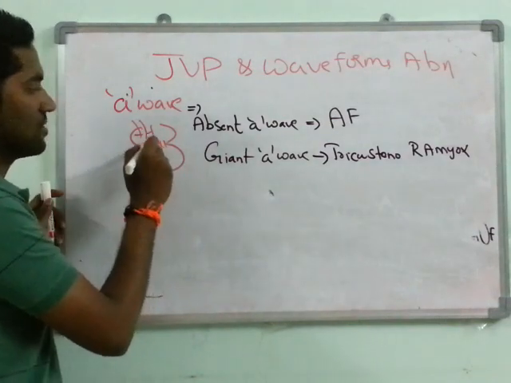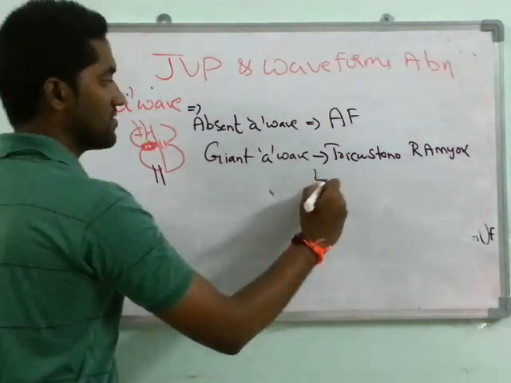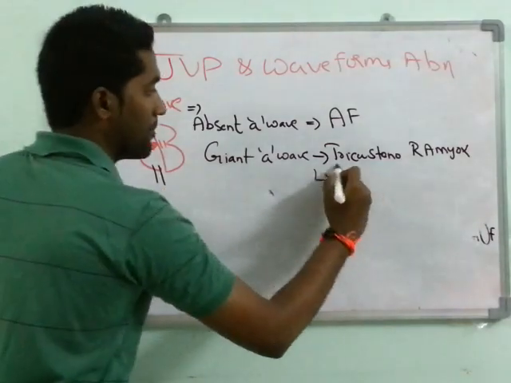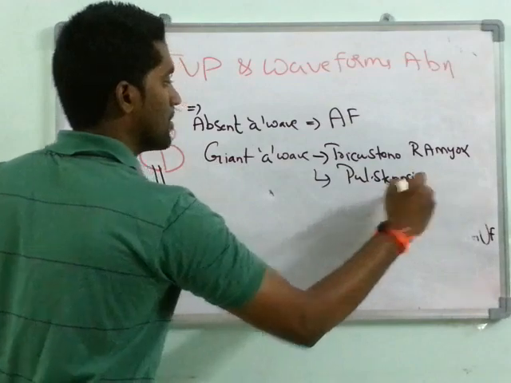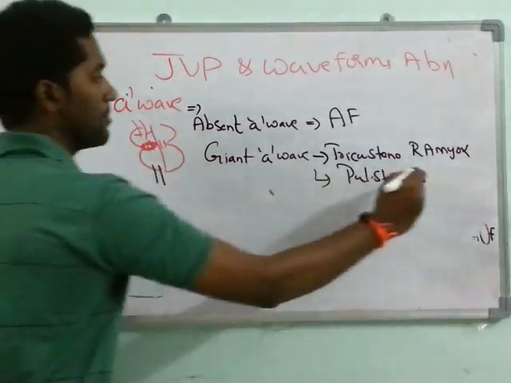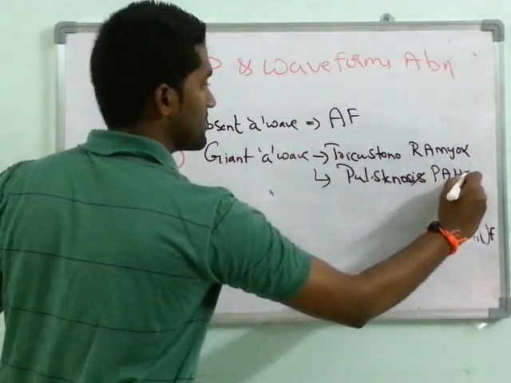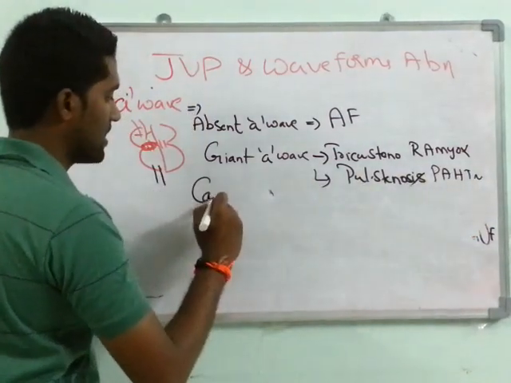So this resistance can be transmitted backward. So resistance in pulmonary stenosis. So here resistance is here. Pulmonary arterial hypertension. Then what is cannon A wave?